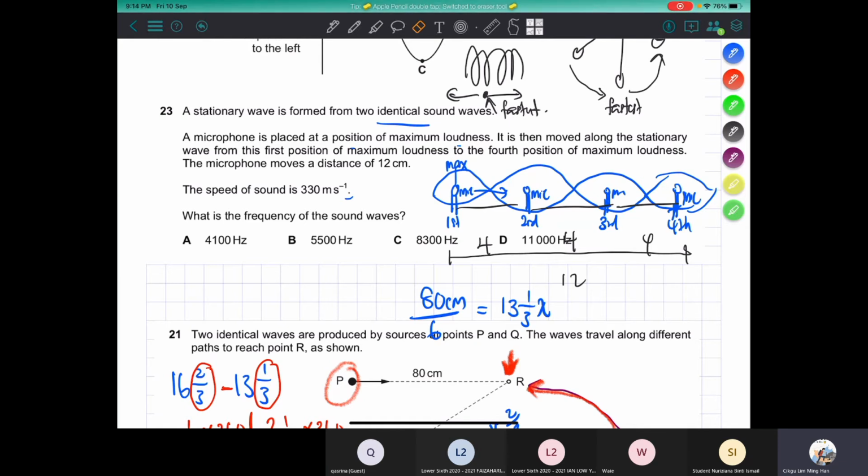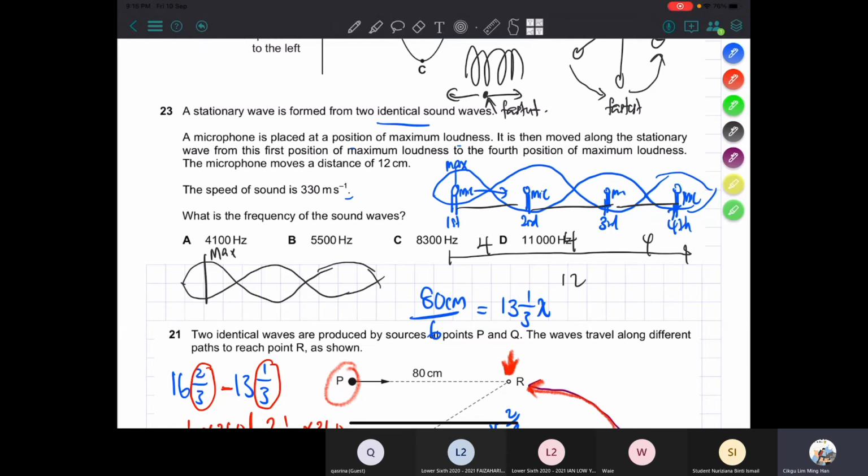All right. So remember, for a standing wave, this is your standing wave. From maxima to maxima is only half wavelength. This is only half wavelength.